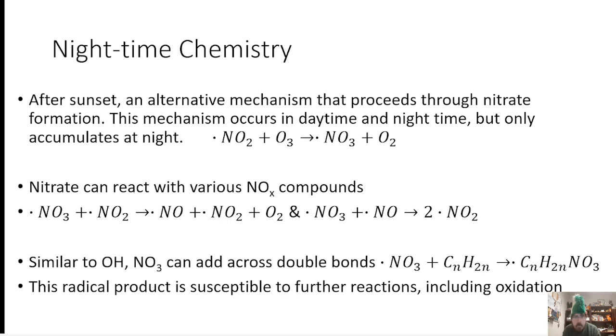So ozone hits NO2 and we form NO3. This nitrate radical, it's not really a nitrate. It's a nitrogen trioxide, really. But this nitrogen trioxide, they often call it nitrate. The nitrogen trioxide can react with nitrogen dioxide to form nitrogen monoxide and oxygen.